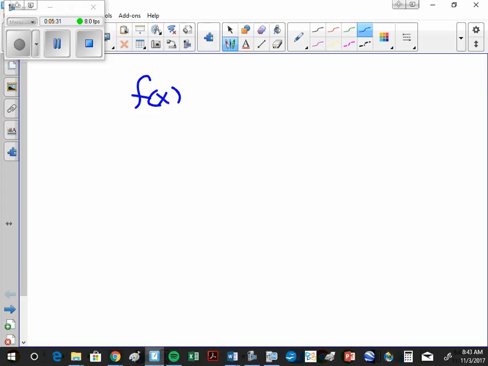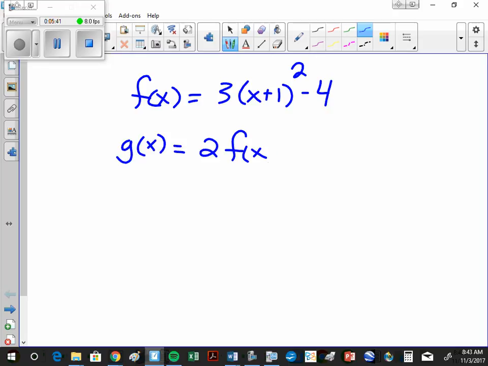If f of x is 3 times x plus 1 squared minus 4, and g of x was simply 2 times f of x, all I need to do is multiply everything by 2.